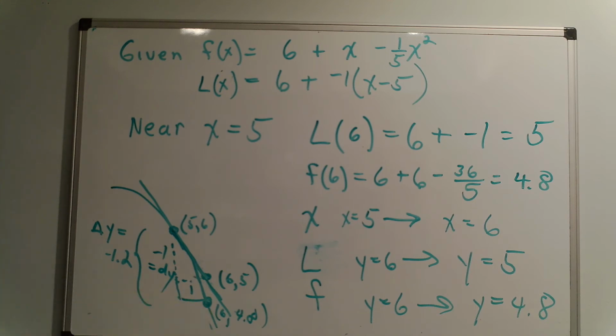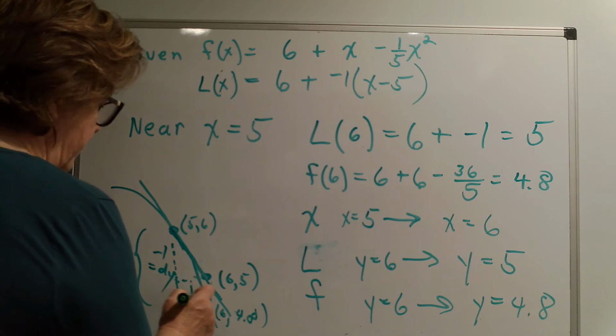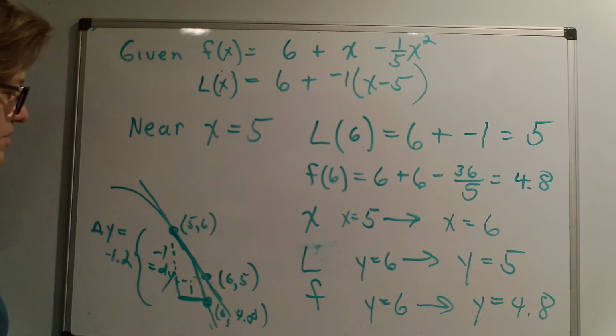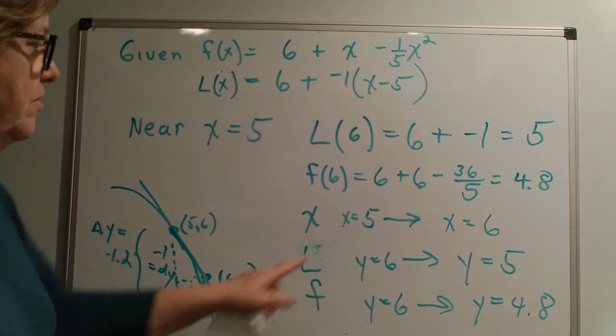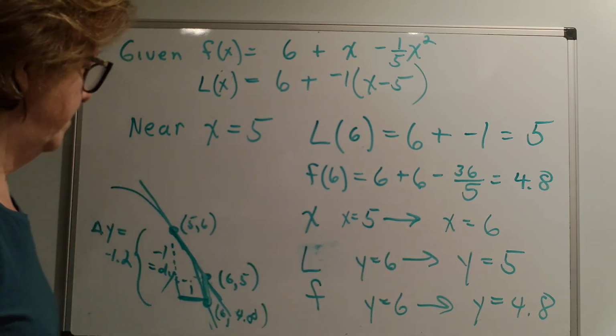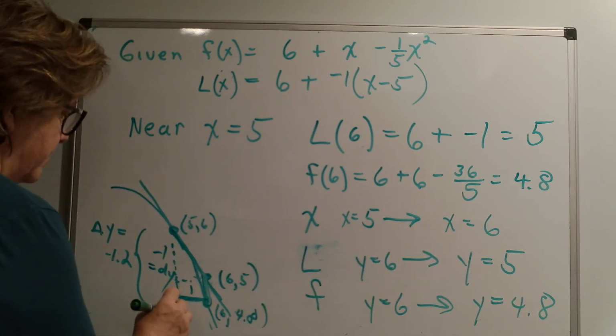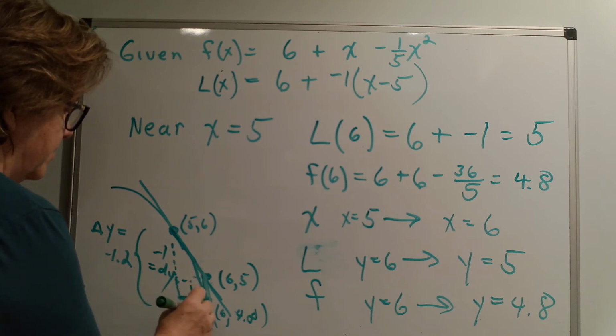The x change is the same no matter which one we're talking about. We're going from x equal to 5 to x equal to 6. So we call that delta x or dx.